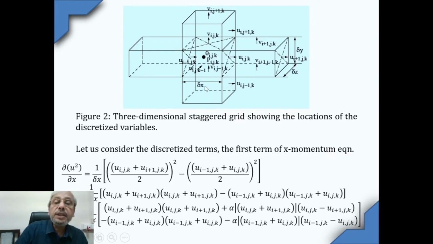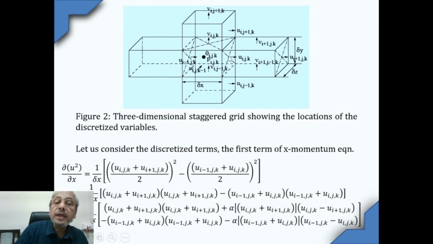If we see the first term of the X momentum equation, the first term is the temporal term del U del T, but among the convective terms, the first term, in conservative form, is del X of U square. So simply it has to be defined where Uijk is defined at this point.